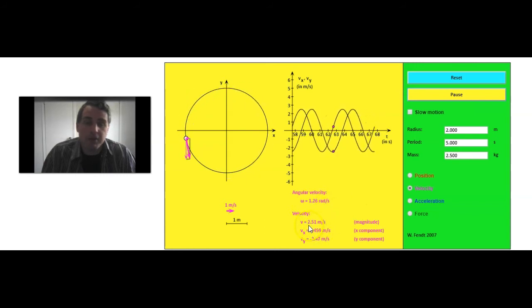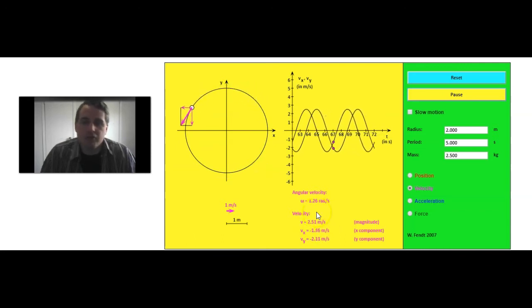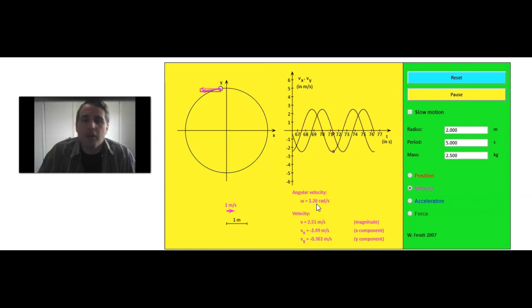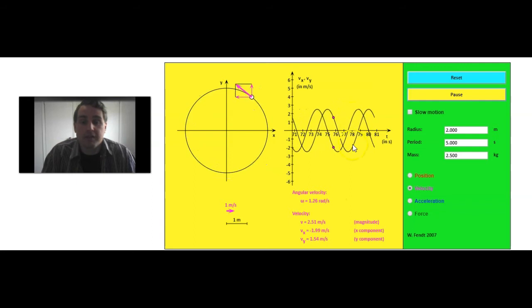By the way, this should actually be closer to 2.52. It's probably some rounding issue here, and then divide by 2, you should get exactly that. Okay, so the angular velocity is constant as well, not just the linear velocity. I'll discuss that more as we go along here.